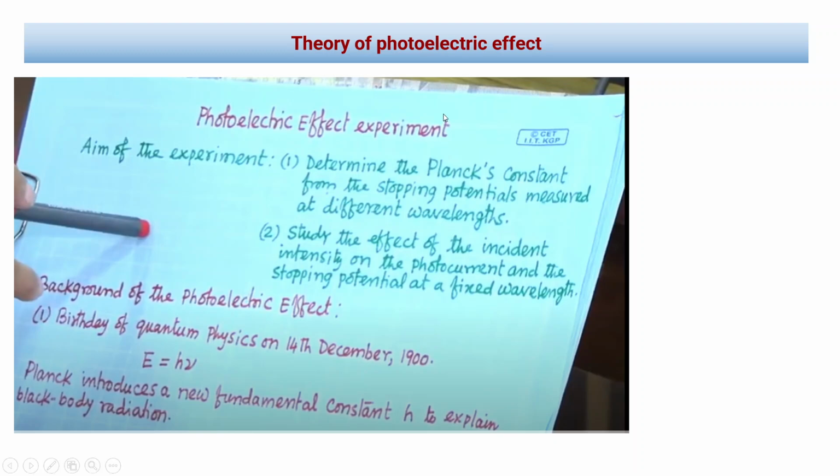One of them was the photoelectric effect, and if we talk about its background, where its laws came from, Planck introduced this fundamental constant h, which we call Planck's constant in his honor, and its value is 6.626 times 10 to the power minus 34 joule second.